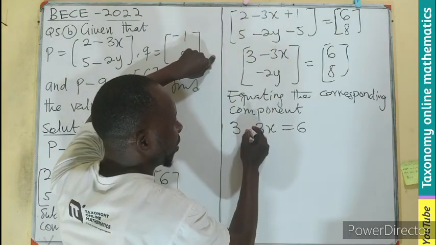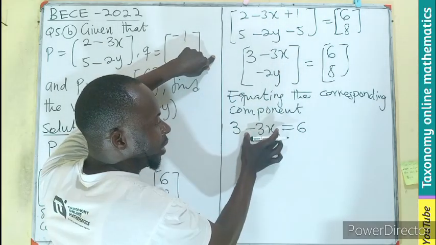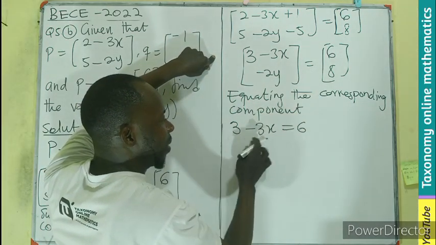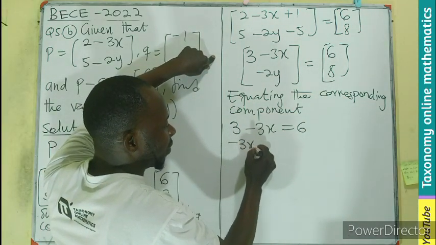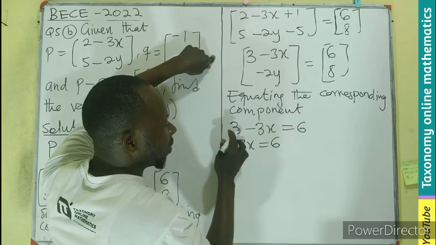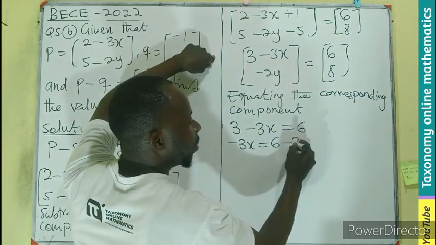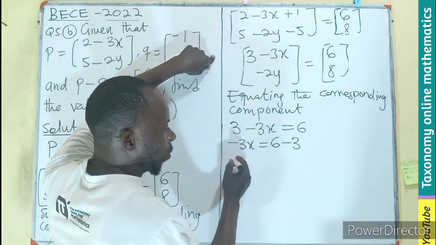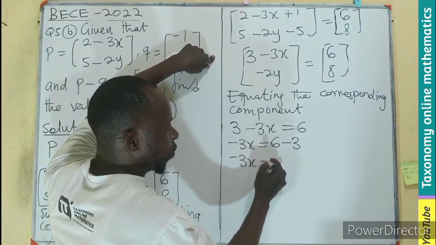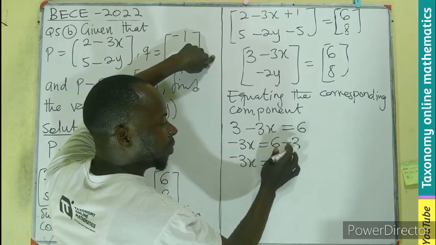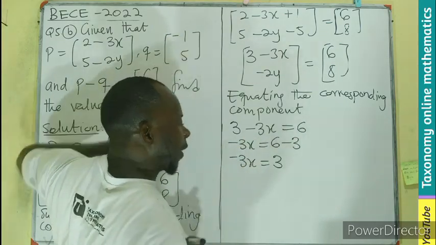So we are holding this one down, sending this one there, meaning minus 3x equals 6 minus 3. If you perform this operation, 6 minus 3 will give you 3.